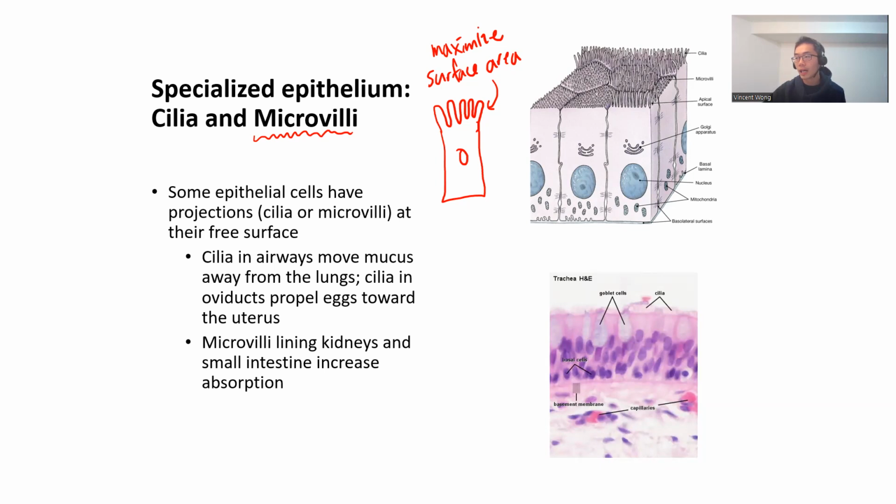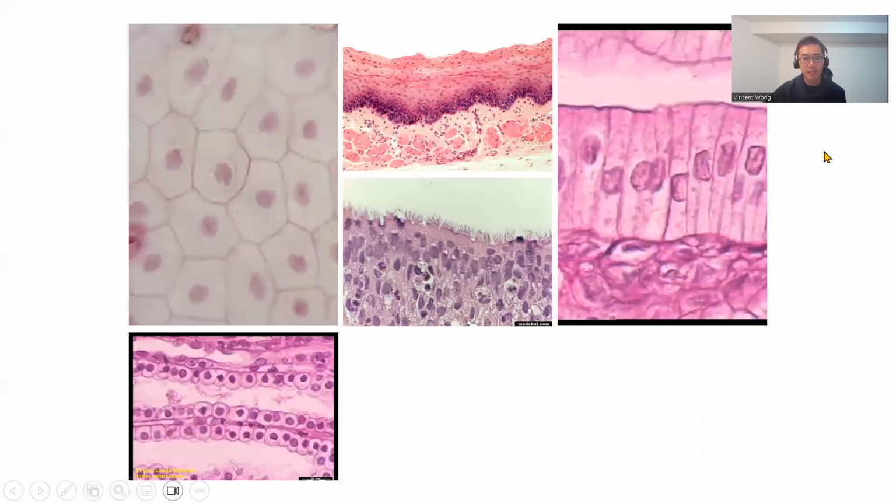Those are the different kinds of epithelial tissue. So let's see if we can identify some. Let's start with the top left picture here. What do you think this one is?